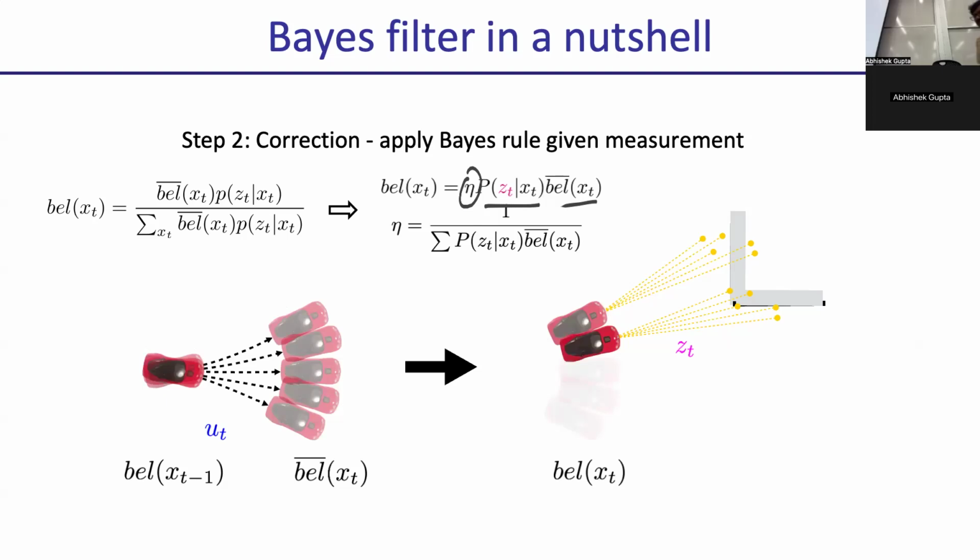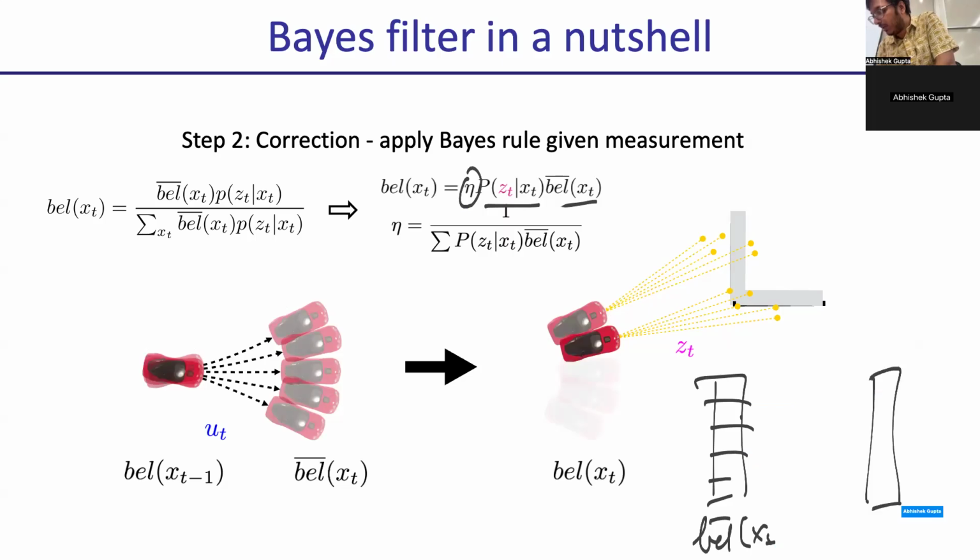Imagine that you had a table of belief bars at XT, and then you wanted to get to your table of beliefs at XT. What you're going to do is take each of these values.